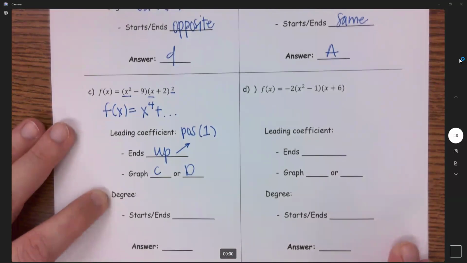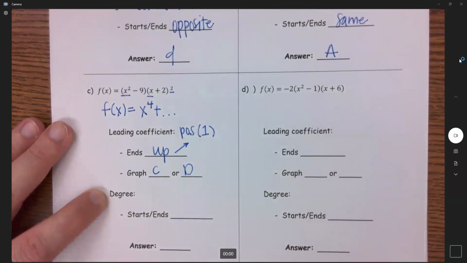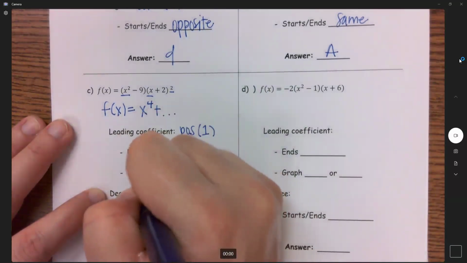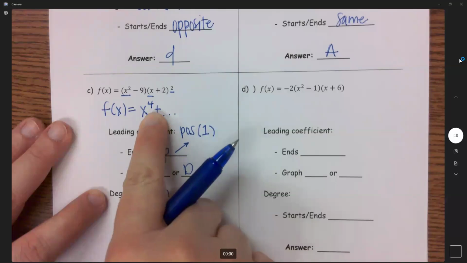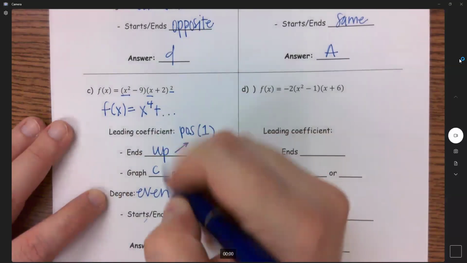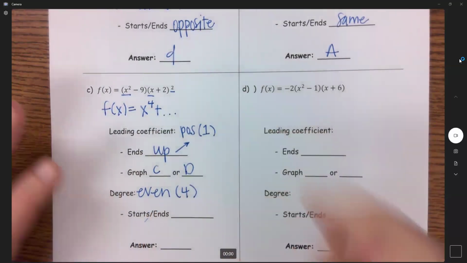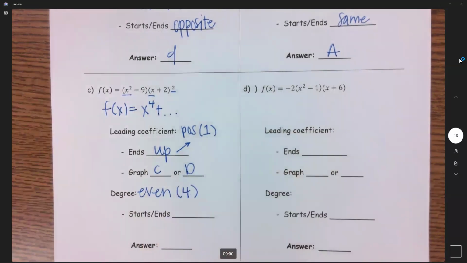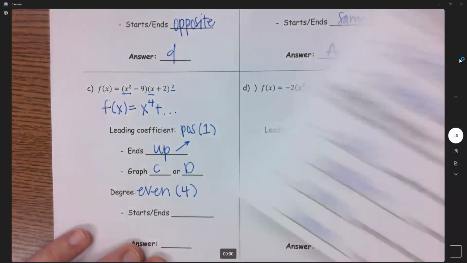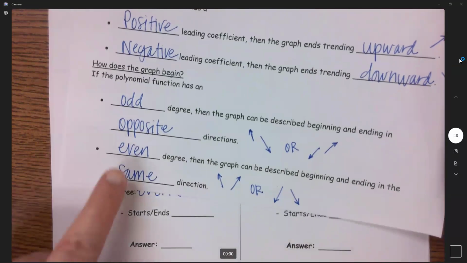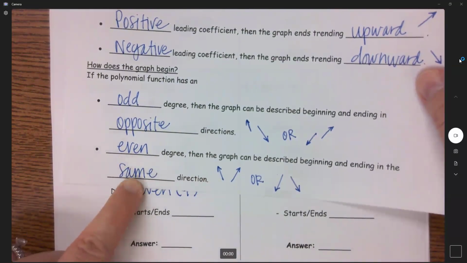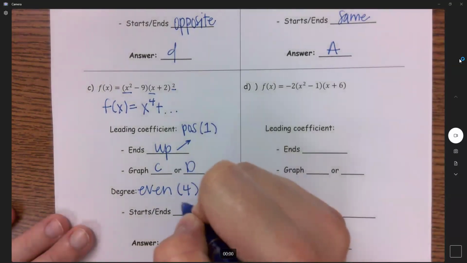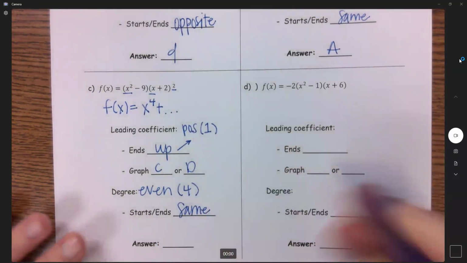So now we need the degree. Is the degree even or odd? Okay, it is even. Typically, that's 4, x to the 4th. So if my degree is even, that means it's going to start and stop in the same direction.